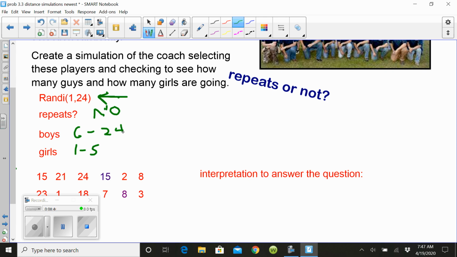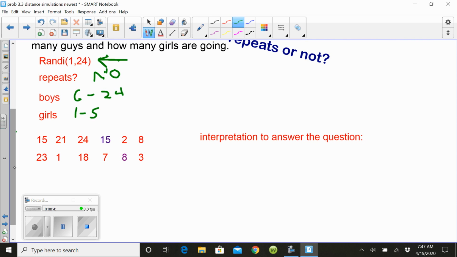So then, after declaring my numbers, I generated my 10 numbers. Now, notice I actually had to generate 12 numbers because I had repeats. When I got this 15, I already have selected that person, so I have to throw that 15 out. And the same thing with this 8.